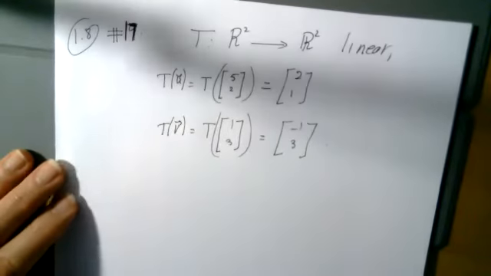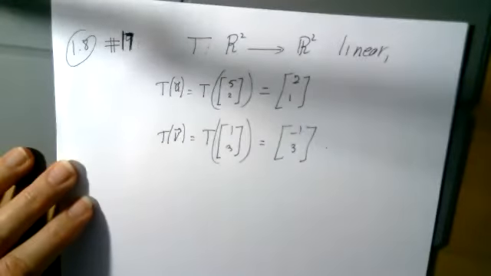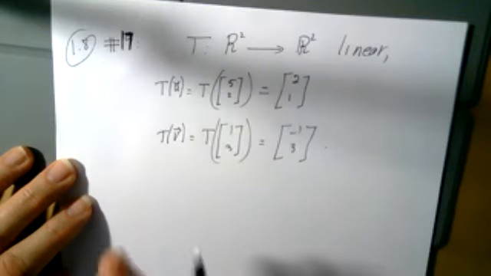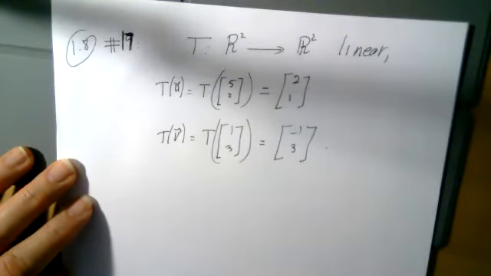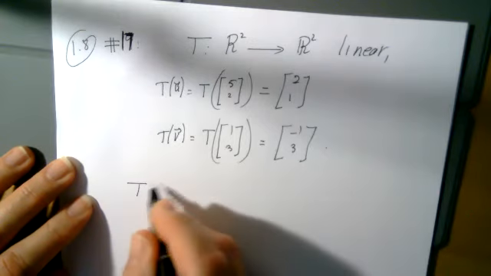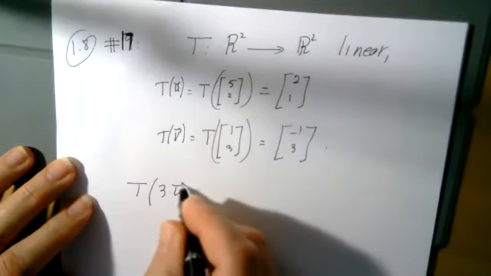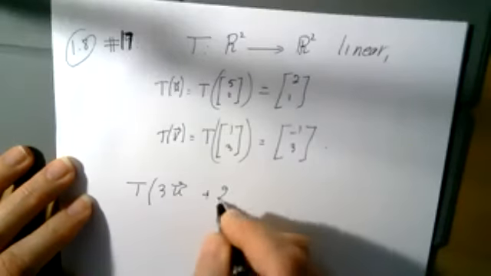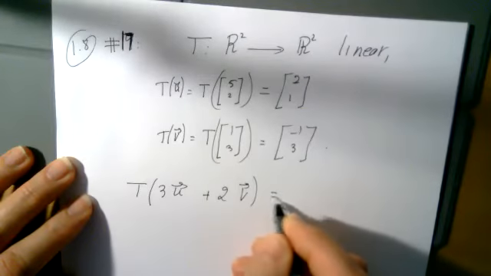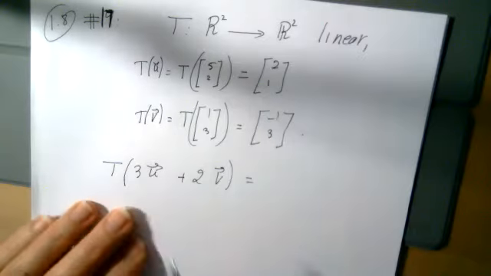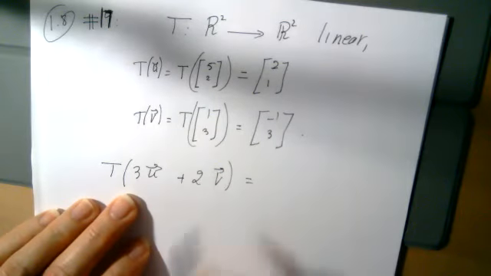And now the question is, use the fact that T is linear to find the images under T of 3U, 2V, and 3U plus 2V. I will only do the last one, and the picture will be clear for the others. So I want 3U plus 2V. Okay, so how are we going to use linearity? What does linearity tell me? Image of the sum is sum of the image.